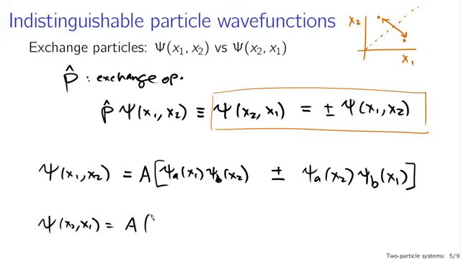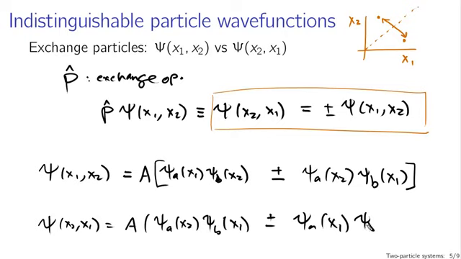So it's going to give me A, psi A of x2, psi B of x1, plus or minus psi A of x1, psi B of x2. If you compare the expression I get after exchanging these particles with the expression I got before exchanging these particles, you can see here's psi A x1, psi B x2, A1, B2, whereas here's A2, B1, A2, B1.